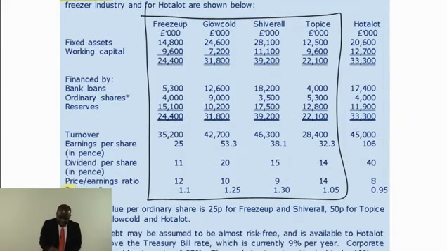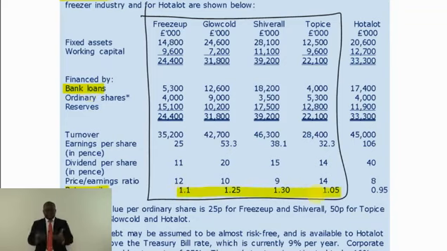What is the examiner saying? Equity beta. If they say equity beta, it could be geared or ungeared depending on the company. Is the company all equity, or does the company have debt? If the company has debt, because they have bank loans here, that company is geared, and as such their equity beta is geared. So all these betas here are geared.